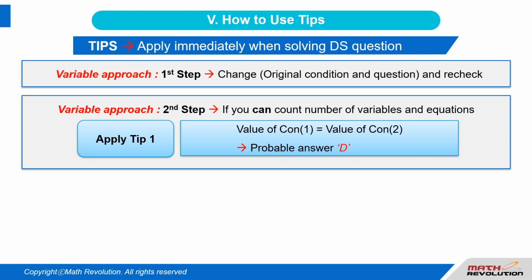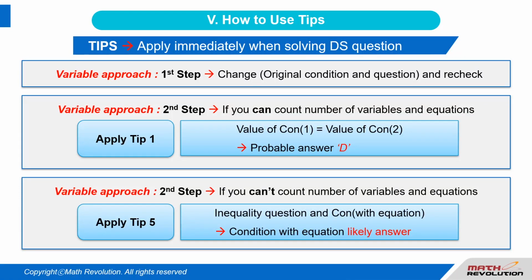If the value of condition 1 turns out to be equal to the value of condition 2, that is, condition 1 equals condition 2, D would most likely be the answer. This is how to apply a tip while using the variable approach to a DS question. Tip 1 is very powerful, so memorize it carefully.